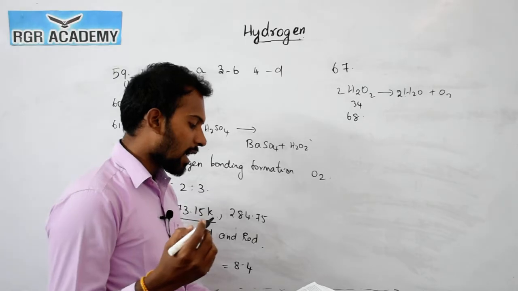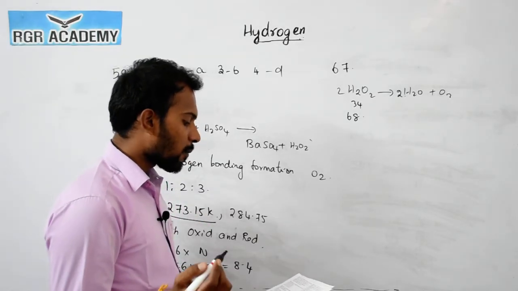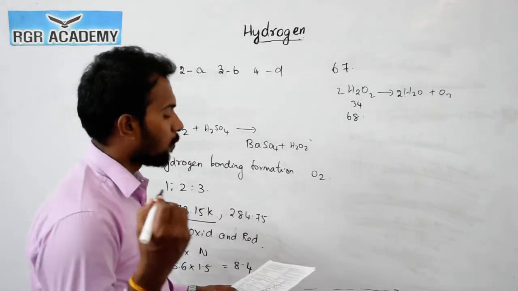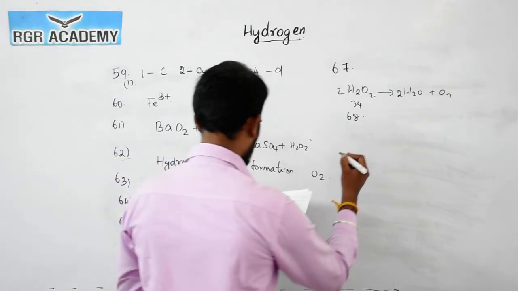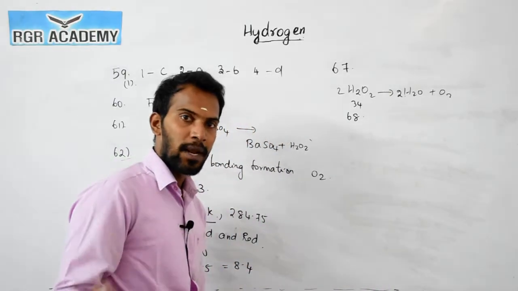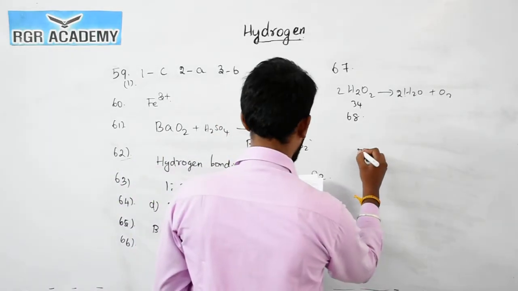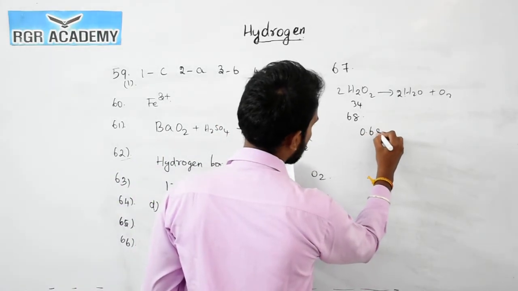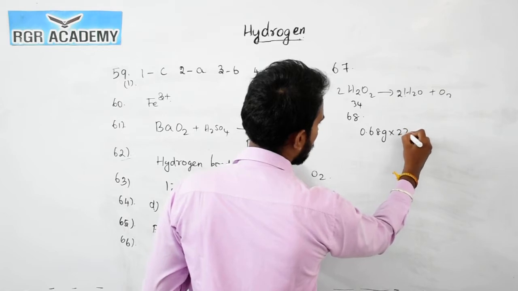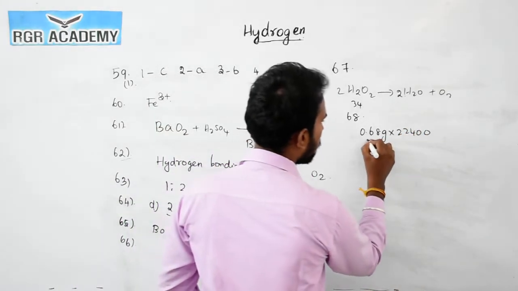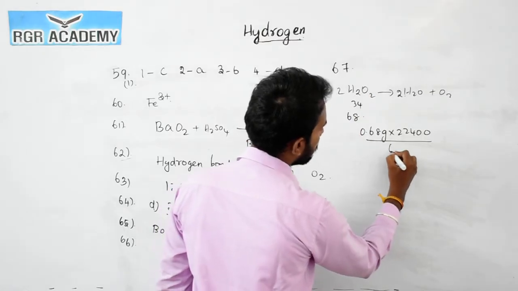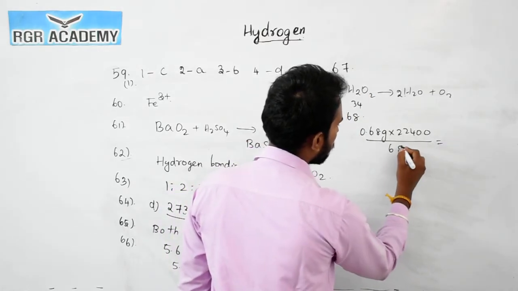Now here they ask about 0.68 gram. 1 mole of gas contains 22,400 ml, so we need to convert into ml. Multiply 0.68 gram into 22,400, and divide by the weight of 2 moles of H2O2, which is 68 gram.